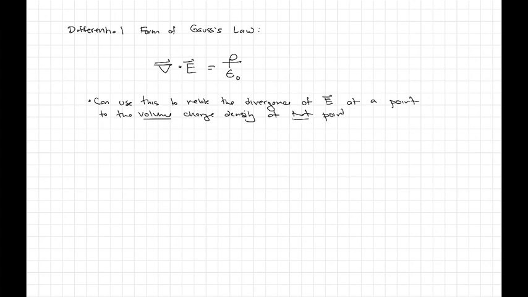So if there is no charge at that point, then the divergence has to be 0. But if there is a certain amount of charge density at a point, then that divided by epsilon naught is going to be the same as the divergence of the electric field. And this, by the way, is what is done in problem 2.9, if we want an example of this.